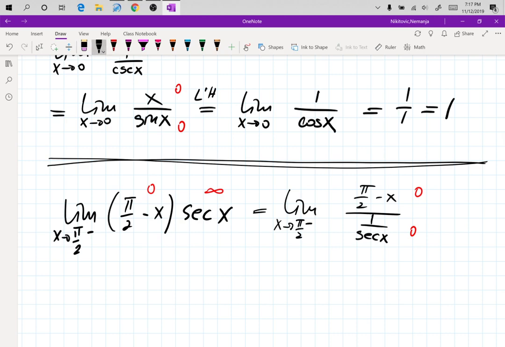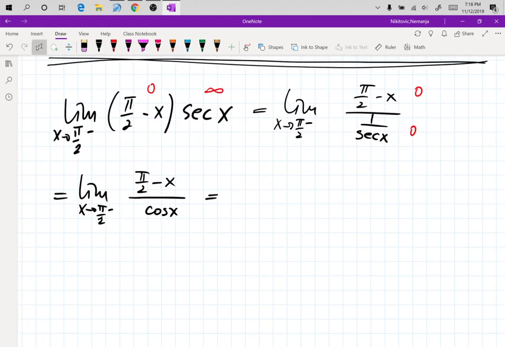So I'm going to first rewrite this as the limit x goes to pi over 2 minus, and then I'm going to have pi over 2 minus x divided by cosine x. And that is going to be now, again, 0 over 0. So we are unleashing L'Hopital.